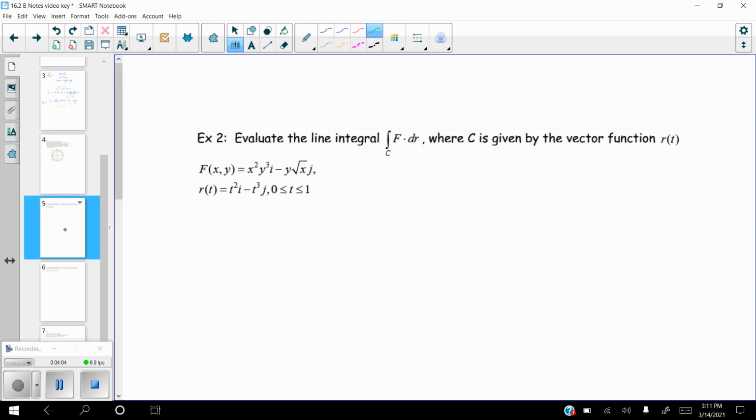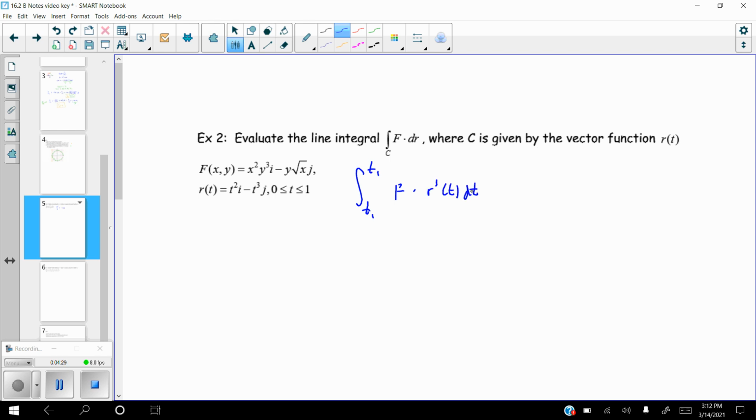Okay, so let's evaluate the line integral of F dot dr, where C is given by the vector function r of t. In order to do this, let's write our equation up here. It's going to be the integral from t1 to t2 of F dot dr, which is the same thing as F dot r prime of t dt.